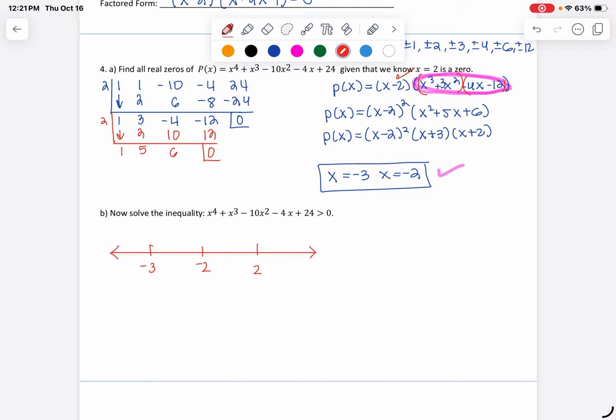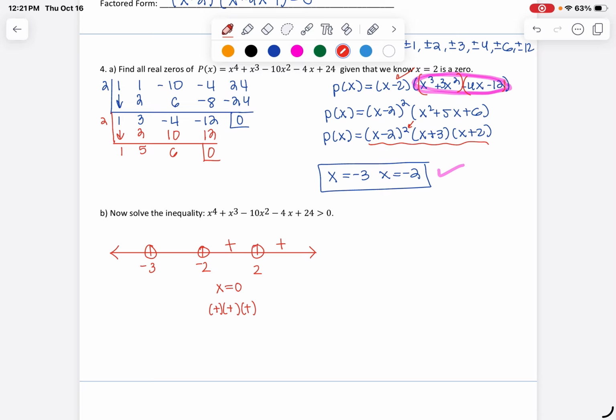I am not including any of these because it's where it's greater than 0. I'm going to pick a point anywhere to test. I'll do x equals 0. And if I plug 0 into the factored form, I get a positive times a positive times a positive, which is positive. And then I'm going to do the shortcut method. So as I cross over 2, that comes from the factor of x minus 2, which is even, so I'm going to keep the sign.